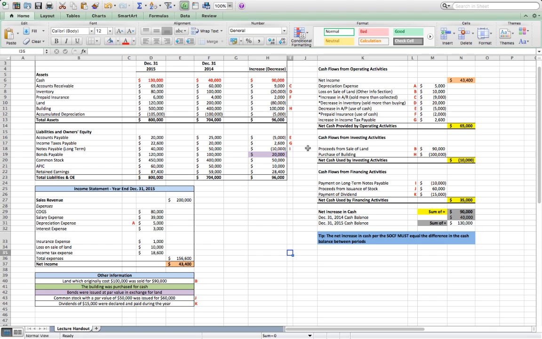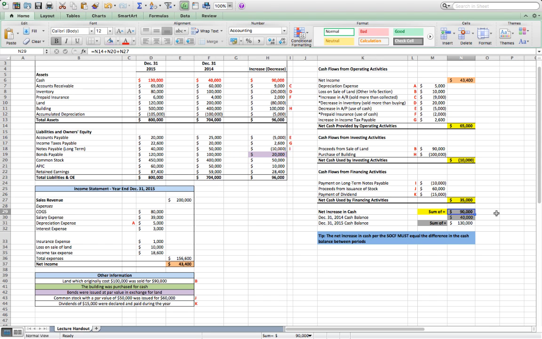So now that we've gone through all of them, we have the net cash provided from each of these activities. As noted at the start of this lecture, if you take the sum of these three, it gives you $90,000. $90,000 is the difference between the current year cash balance and the prior year cash balance, and that has to balance.